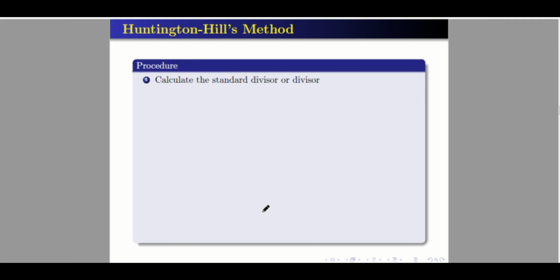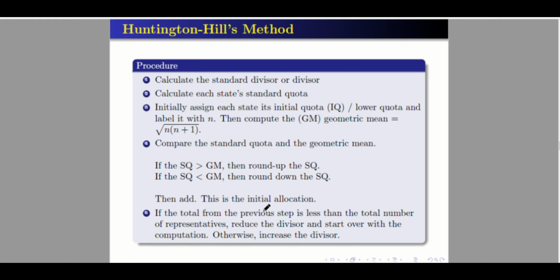So let's see. We have this procedure for Huntington-Hill's method. Actually, the first three steps are similar to Hamilton's and Jefferson's methods. So we must still calculate the standard divisor, and then calculate the state standard quota and assign each an initial quota, which we will label as n.